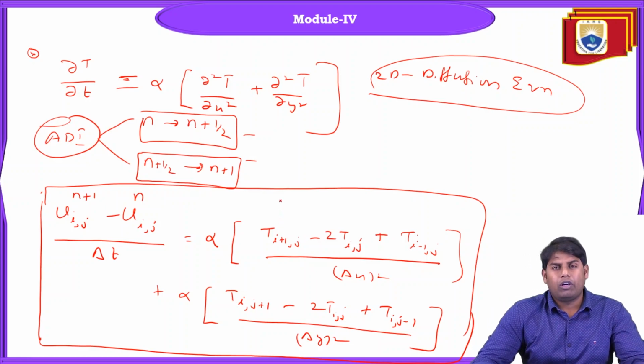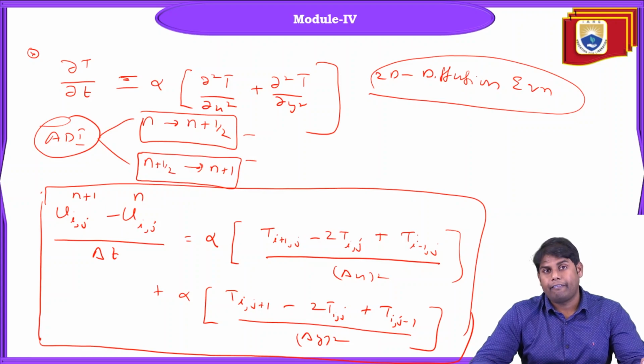So by writing this, what is happening? We are basically dividing the time step into two halves. In the two time steps, one direction, let's say the x direction, will be explicit. The explicit technique will act as a predictor, and the next axis, the y axis, will act as a corrector, which is implicit.